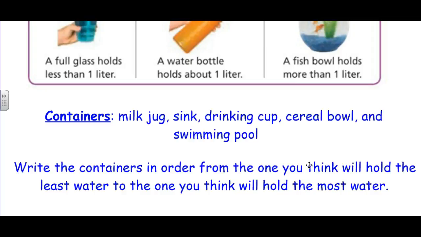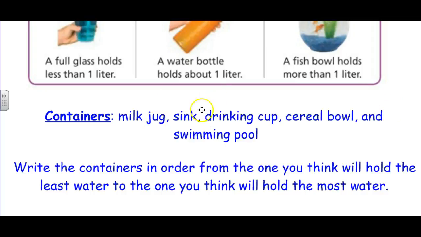So this time we're starting at the smallest and working our way up to the biggest. On your piece of paper, you're going to write down first which one would hold the smallest amount, and then continually go bigger to which one would hold the biggest amount.